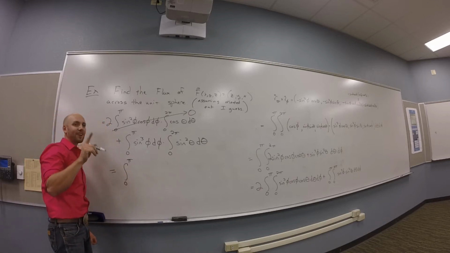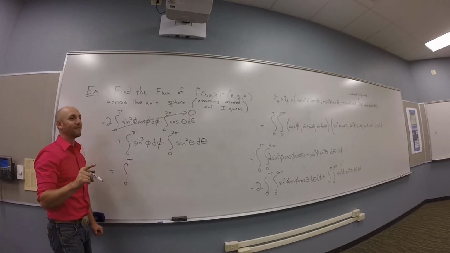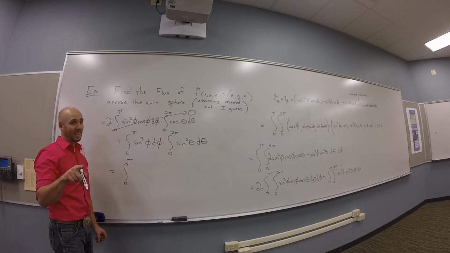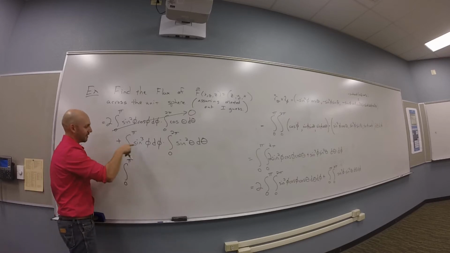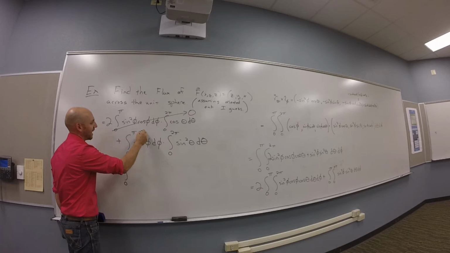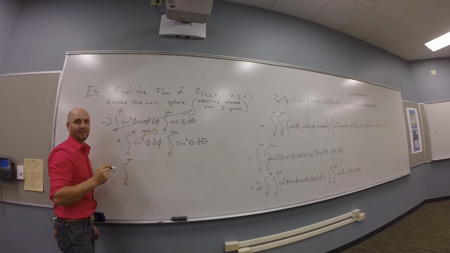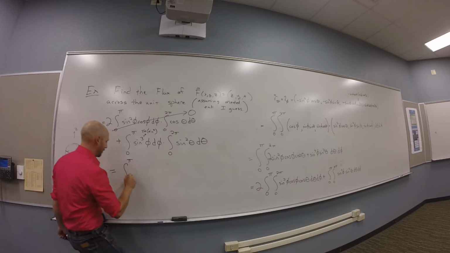Okay, so the way you integrate sine cubed is you think to yourself, I don't know much about sine cubed, but I know about sines and cosines. So I'm going to think about this as sine times sine squared. And then the sine squared becomes 1 minus cosine squared.